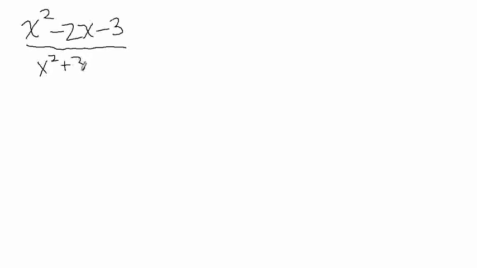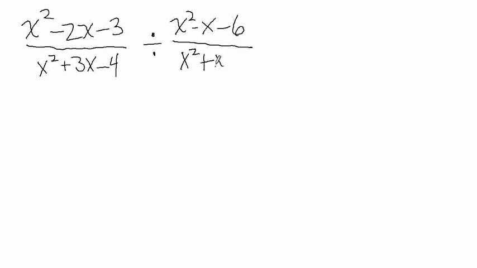Okay, so what about x squared minus 2x minus 3 all over x squared plus 3x minus 4 divided by x squared minus x minus 6 all over x squared plus x minus 12. So I invite you to pause the video and try to see if you can get this answer before I do right now.